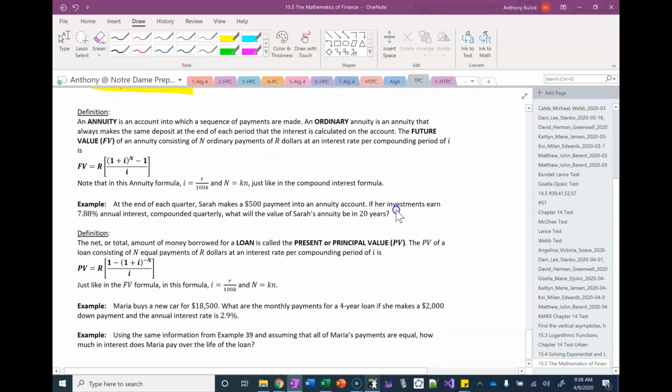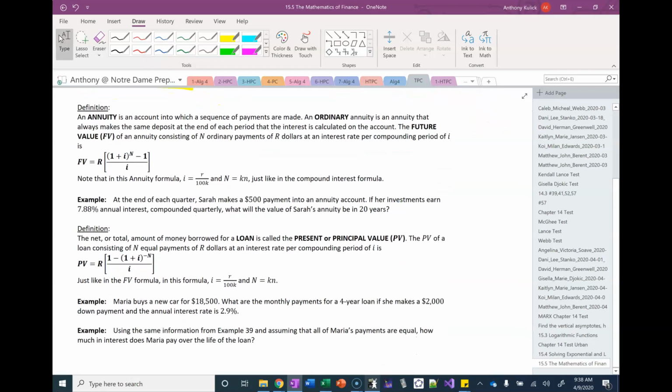So this is a situation where an annuity is a better description of what's actually happening. We define an annuity as an account in which a sequence of payments are made. An ordinary annuity is an annuity that always makes the same deposit at the end of each period, and the interest rate is calculated on the account. The future value of an annuity consisting of n ordinary payments of R dollars at an interest rate per compounding period of I is given here.